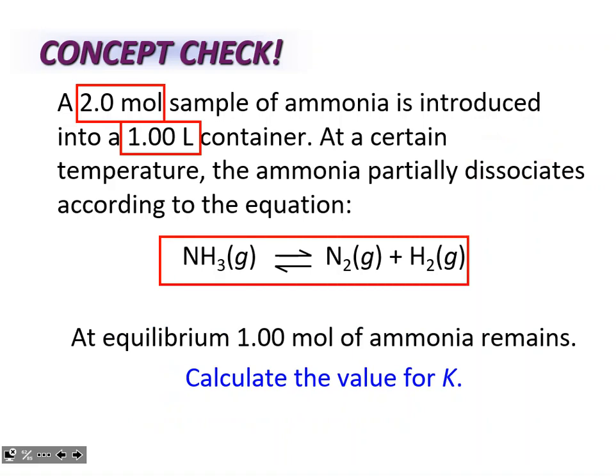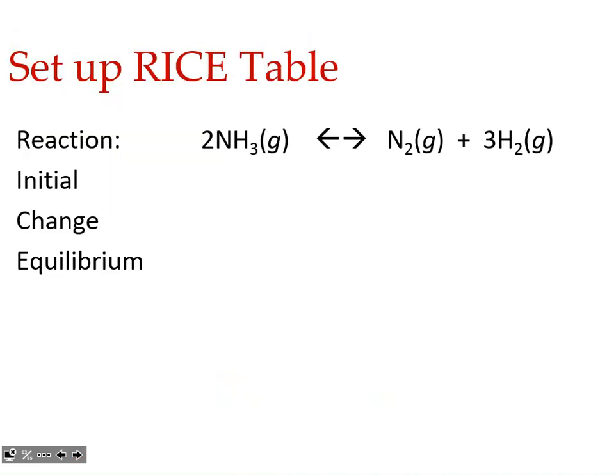So that's a good point. We need to balance that reaction. Also, they told us 1 mole at equilibrium, so we have to calculate the concentration for that one too, in addition. Okay? So go ahead, set up your table.